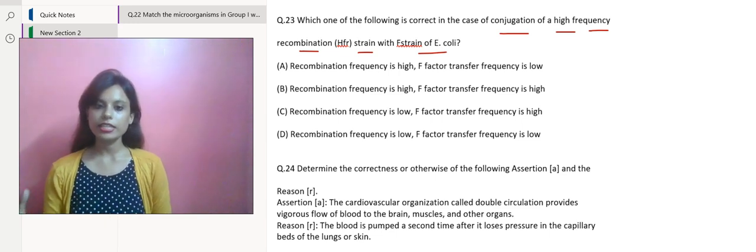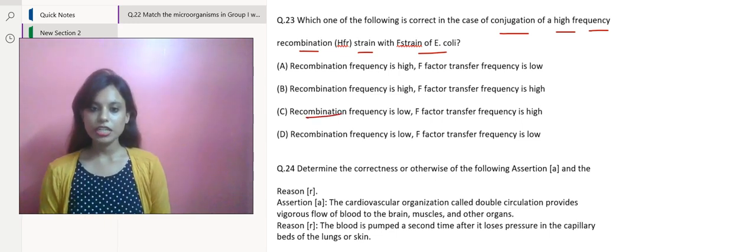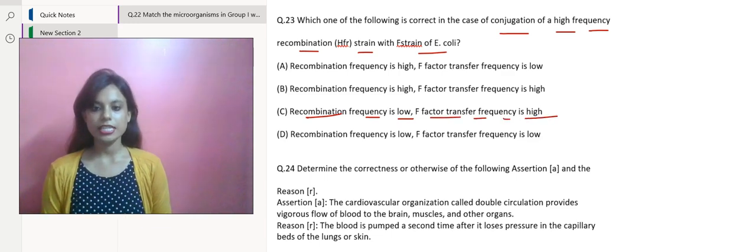The correct statement would be recombination frequency is low, F factor transfer frequency is high. Only then this would be correct.